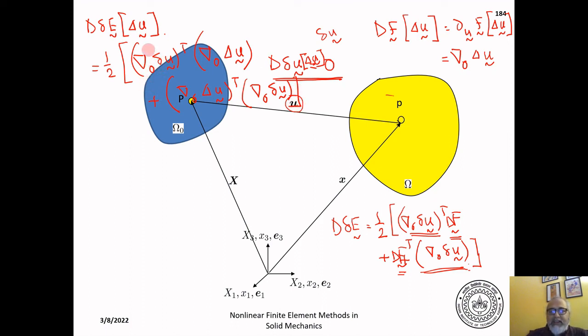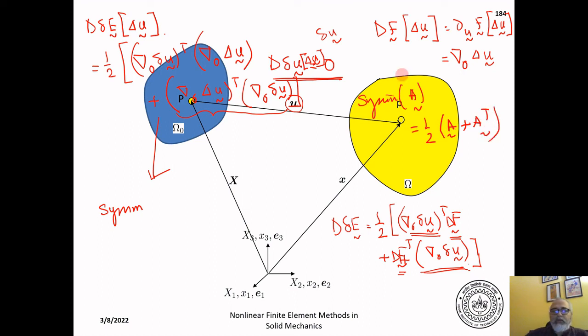Now you can see that the first term and the second term are transpose of each other. If you take the transpose of this first whole term, this will come ahead and have a transpose, and this transpose will go away and come behind it. So that's what has happened in this term. And you know that a tensor plus its transpose, halved, is the symmetric part of the tensor. We are using the fact that the symmetric part of A is half of A plus A transpose.